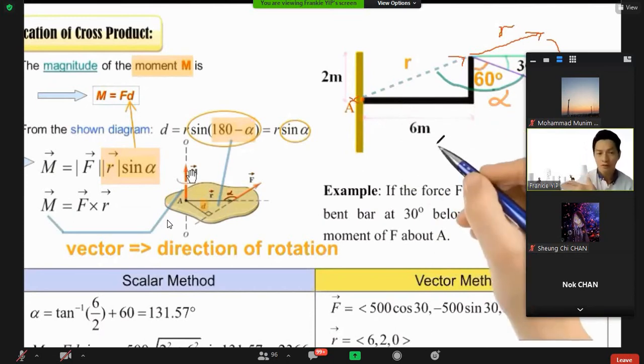How about F cross R pointing upward? F is here. Oops, sorry, it's difficult to use the hand.